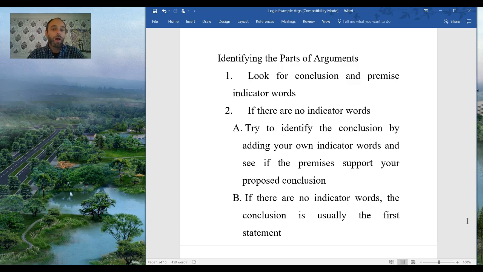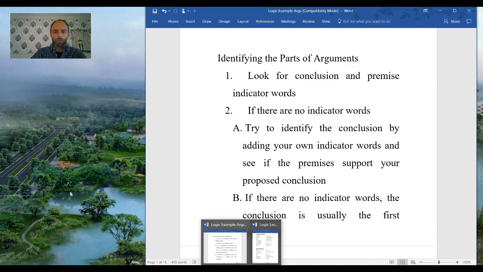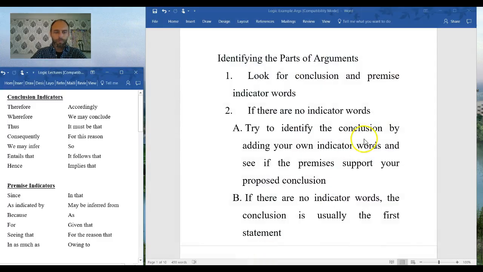If what you think are the premises seem to support the conclusion after you add indicator words, then it's likely that you got the conclusion right. And if there are no indicator words, the conclusion is usually the first statement. That's just the normal way we talk. So let's look at some indicator words first, and then we'll try some practice problems.